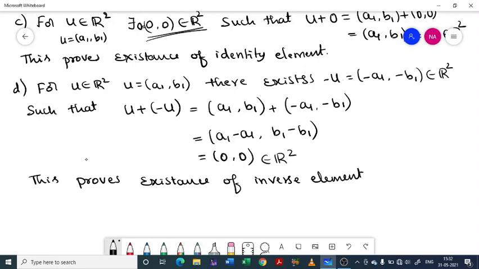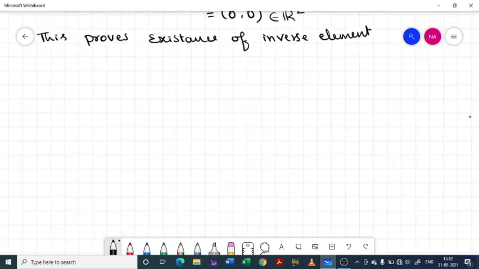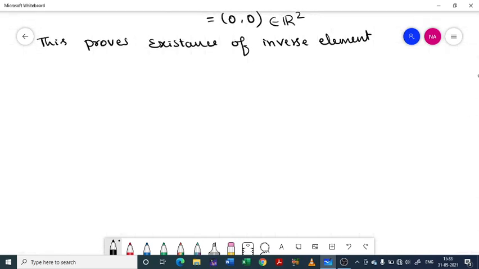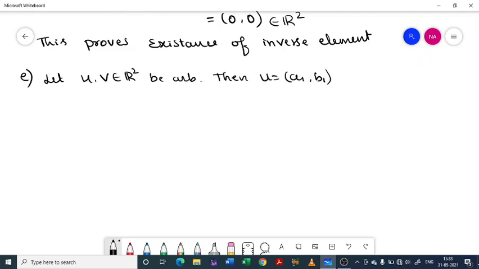So D is over. E, commutativity. Let u, v belong to R square be arbitrary, then u will be a1 b1 and v will be a2 b2.